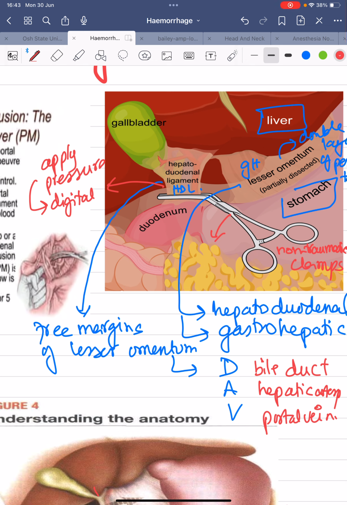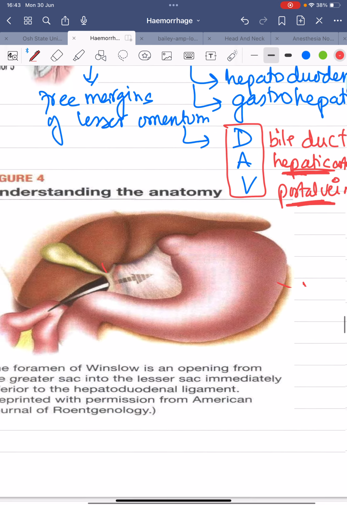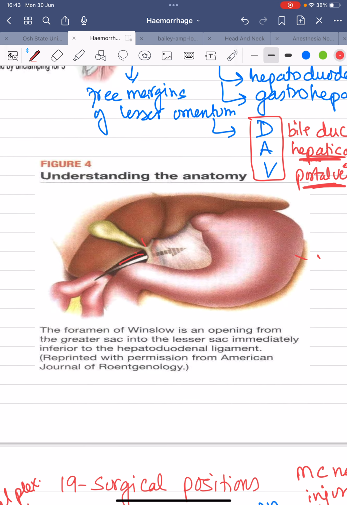Because in this free margin you have the DAVE structures present, if the bleeding stops, it means the bleeding is from the portal vein or from the hepatic artery. See here in this diagram. This is also known as the foramen of Winslow. So you apply pressure digitally or apply a non-traumatic clamp, and if the bleeding stops, it means the bleeding is from the hepatic artery or from what? Portal vein. Okay, so you must understand this.